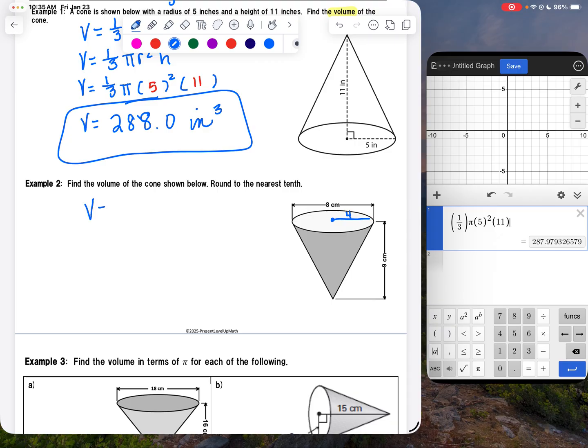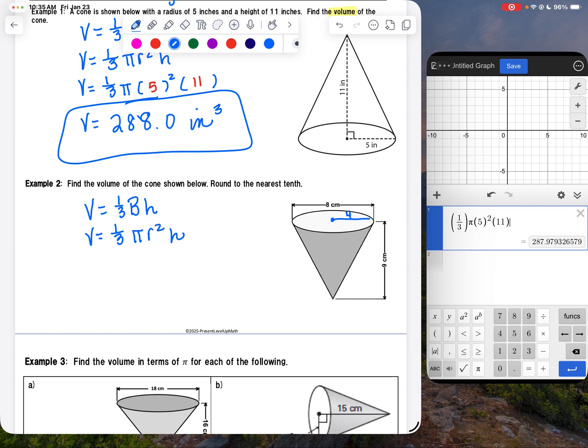So the volume of a cone is equal to 1/3 times the area of the base, big B, times its height, little h. So volume equals 1/3. The area of the base is pi r squared, and then lowercase h.